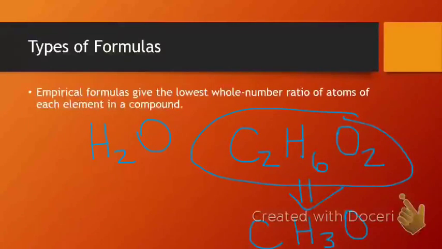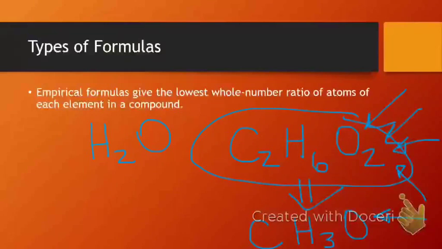And that's important because of ionic formulas, ionic compounds, which we'll talk about in a moment. We use their empirical formulas. And there are some other important applications later on in the semester where the empirical formula is important. But the molecular formula tells you the actual number of atoms in the molecule. The empirical formula is the lowest ratio.